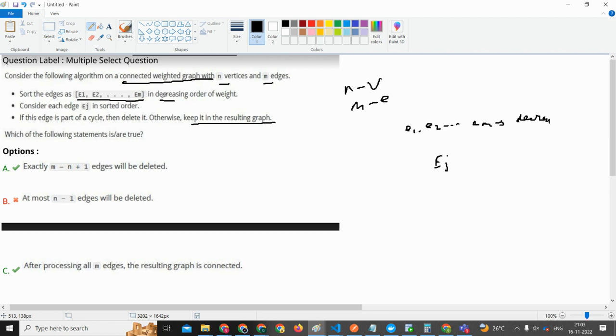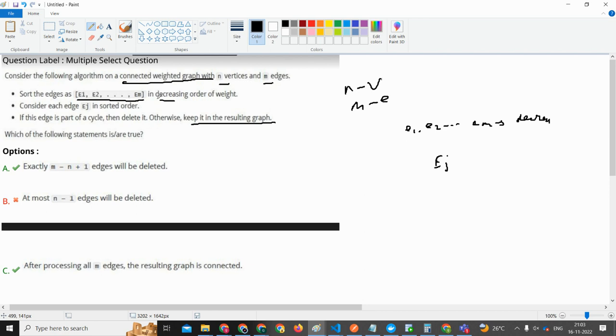It's decreasing order. I thought it was Kruskal. It would be Kruskal if it was increasing order. Sorry, I didn't see the decreasing. So this is going to give us the maximum cost spanning tree, ideally.